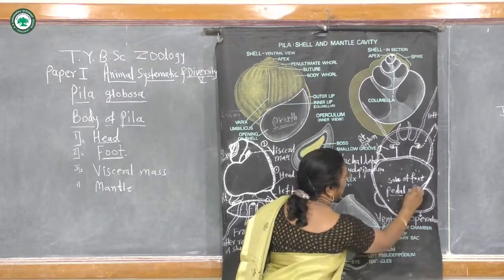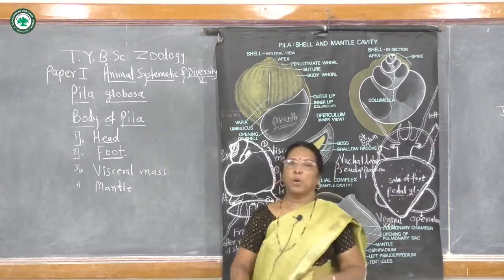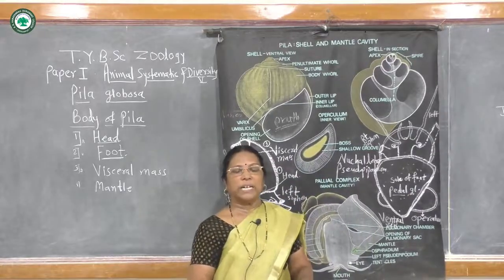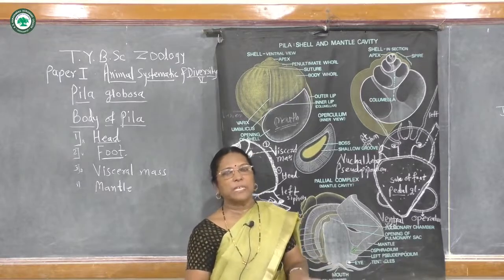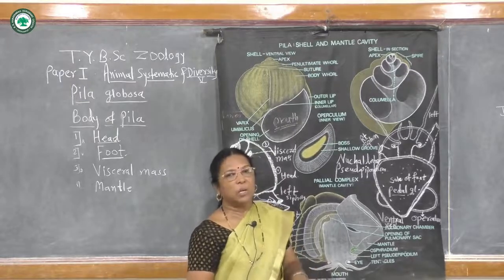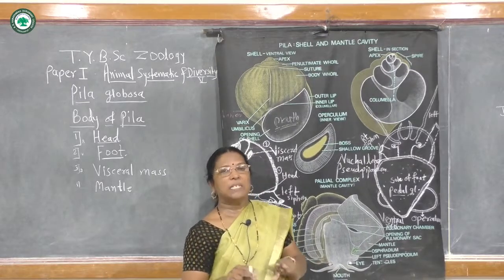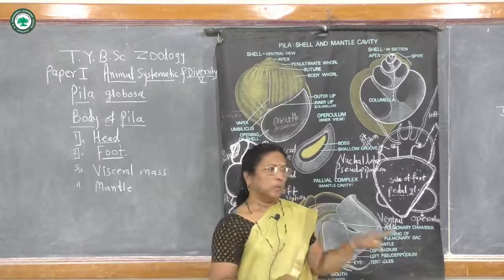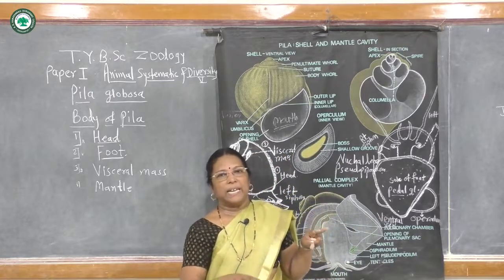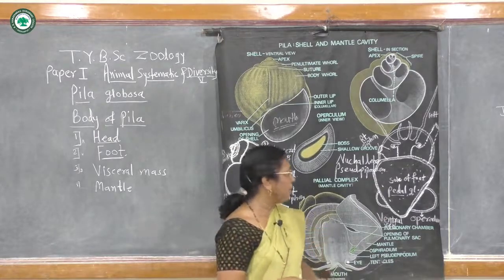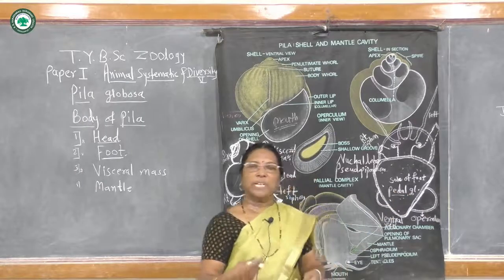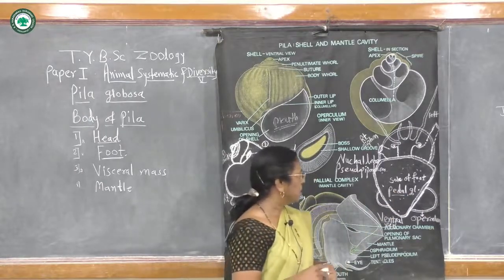This pedal gland secretes slimy mucus. When this slimy mucus is secreted on a hard and dry surface, the animal easily creeps or glides on that substratum, and after it moves forward, the mucus dries and looks like a silvery trail mark behind. This is the pedal gland or the mucus gland, which secretes the slimy secretion.